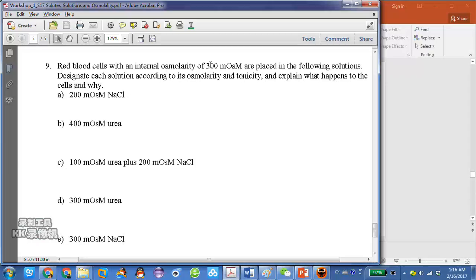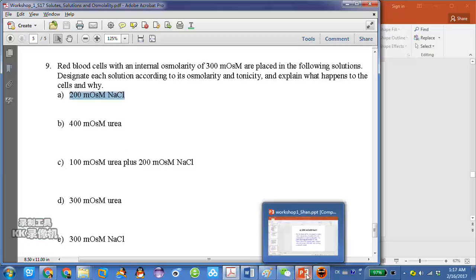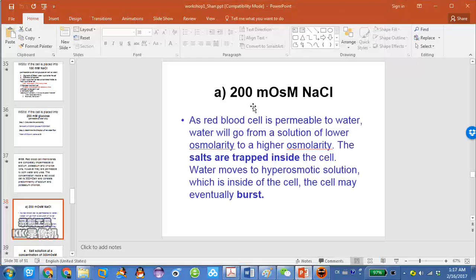We already know that the inside solution has an osmolarity of 300 milliosmolar. For the first scenario, we have 200 milliosmolar of NaCl solution.